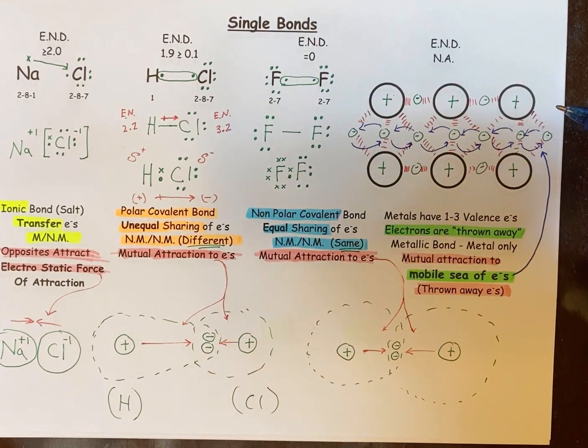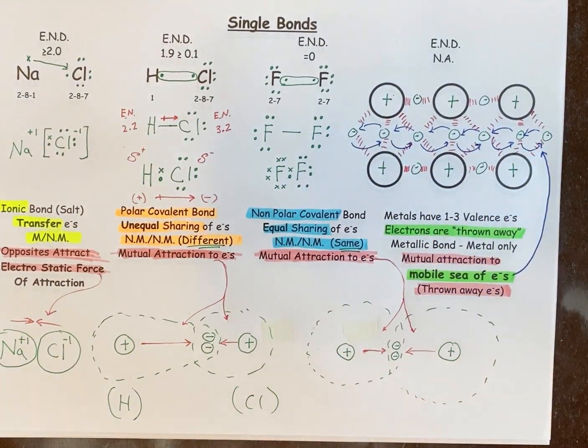If the sand particles were the metal nuclei, the water molecules are so small that they're able to pass by it or through it like there's giant gaps. I mean, obviously we stand on the sand and we don't fall through it, but the electrons or water molecules are so much smaller that they can literally fit between the gaps of the atoms, and that's what's really happening here. And so that's everything for single bonds.